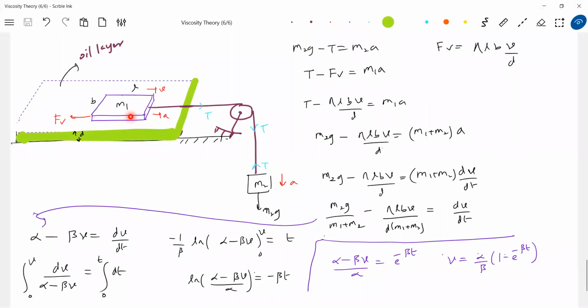Here the viscous drag depends upon the relative speed. Now in the viscosity chapter, what do you have to give priority? The area of contact, which is very important. And what is the distance D? The distance between the bottom of this block and the thickness of the layer.